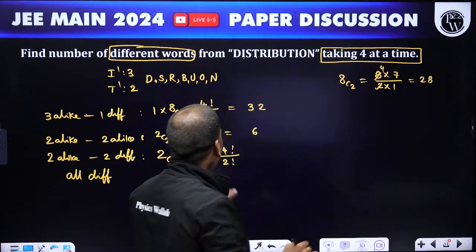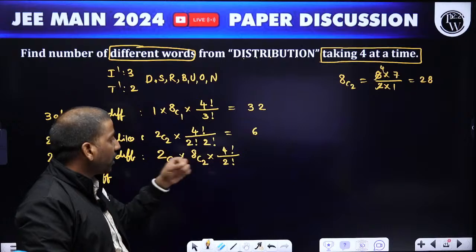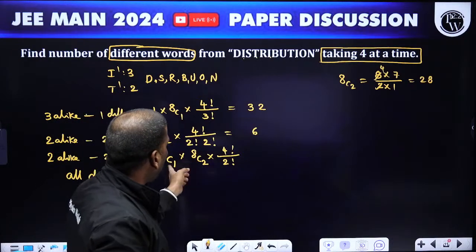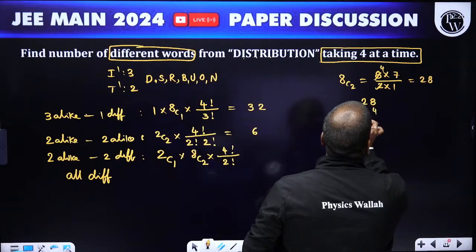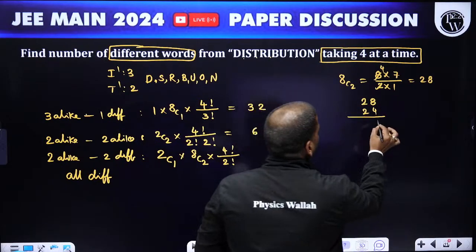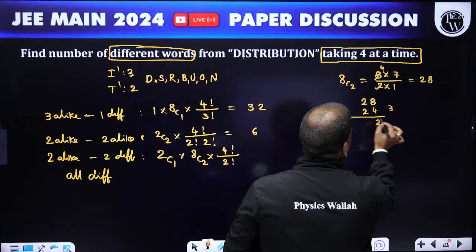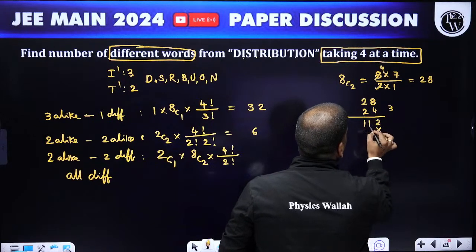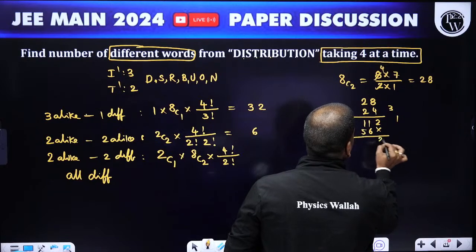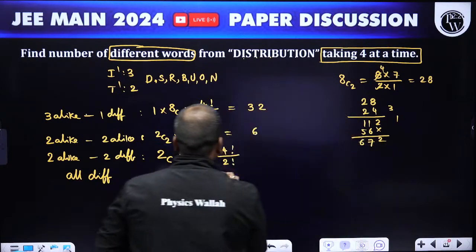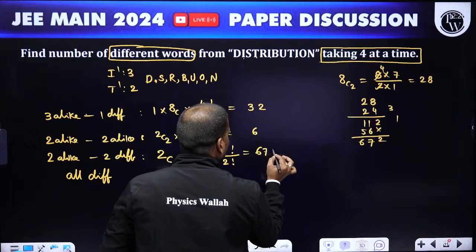And 4 factorial by 2 factorial, 24 by 2, so 2 already got cancelled. So 28 into 24 is also required, right? So this is 672.